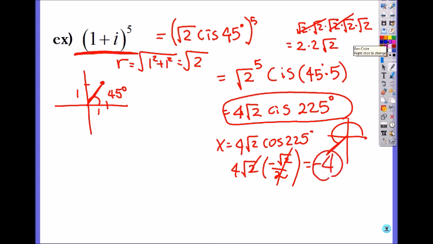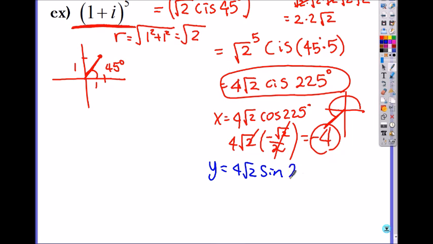Y. It's 4 root 2 times sine of theta. What is the theta? 225. So at 225, what is y? Negative root 2 over 2. So it's 4 root 2 times negative root 2 over 2. Again, what's root 2 times root 2? 2 divided by 2 is gone.